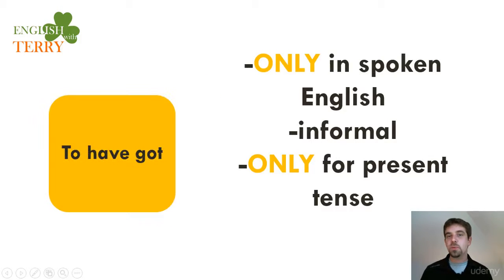So the basic rule is have got is only in spoken English. We do not write to have got, we use it when we're speaking. The other idea is that it is informal, very informal. To have got, we've got, it's for speaking and informal situations, and it's only in the present tense, only for now. You can only use have got talking about now.